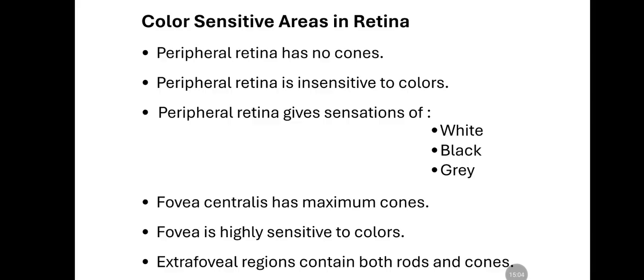Color sensitive area of retina. Peripheral retina has no cones. Peripheral retina is insensitive to colors. Peripheral retina gives sensation of white, black, gray.